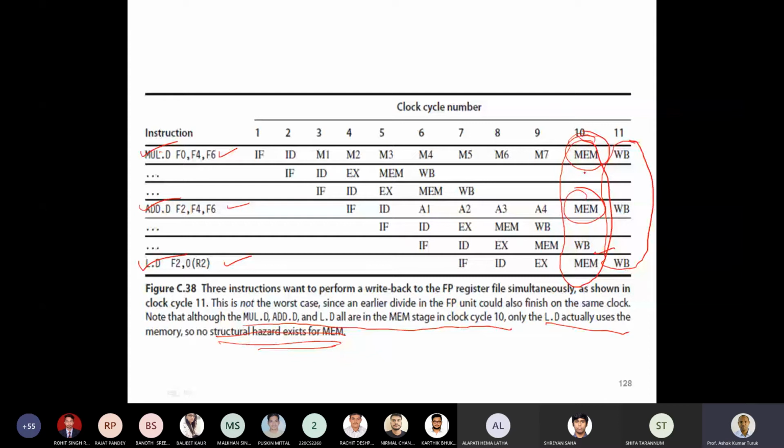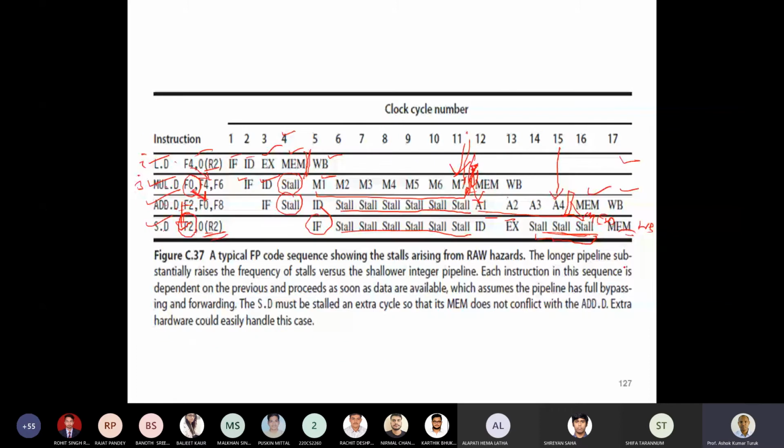Now, if I go back slightly to my previous one, can this diagram be modified? I put a stall here just to show how the stall is going to be generated.